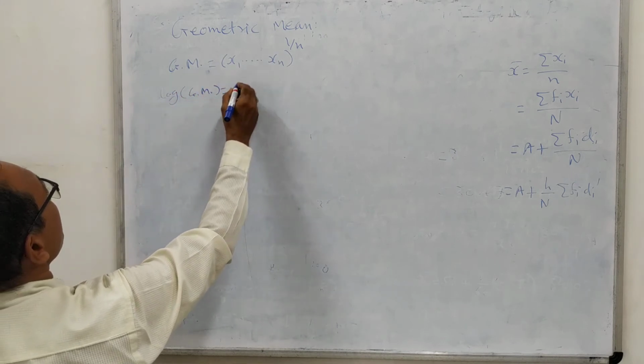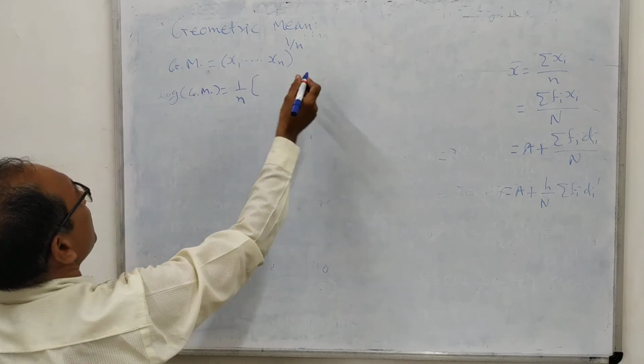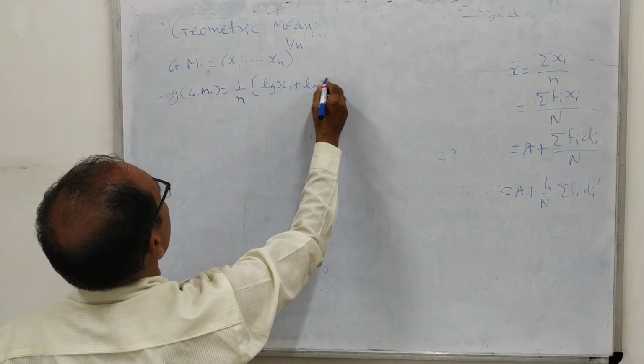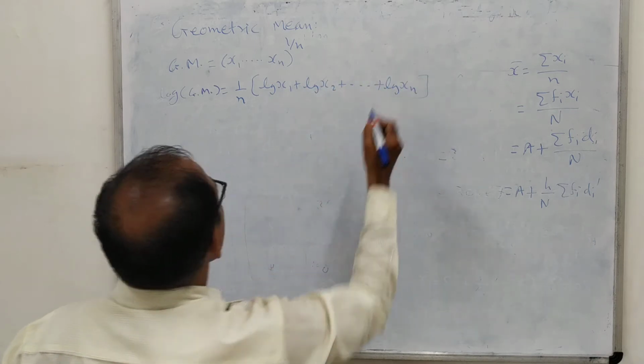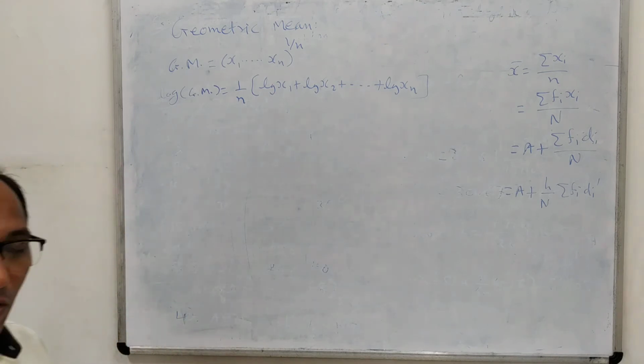Log of GM, when we take log, becomes 1 upon n into log of x1 into x2 into and so on, and this can be written as log of x1 plus log of x2 plus and so on plus log of xn. In your calculator you can use either ln or log.